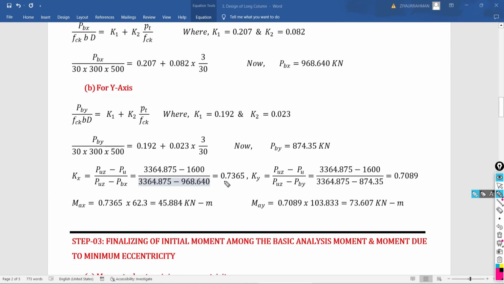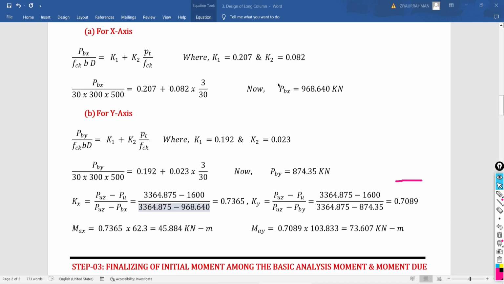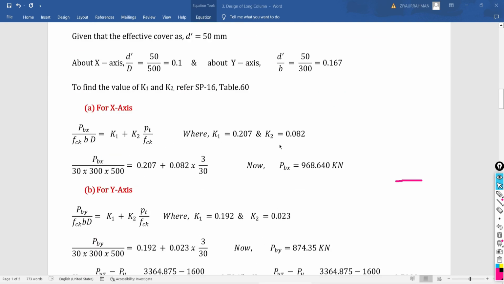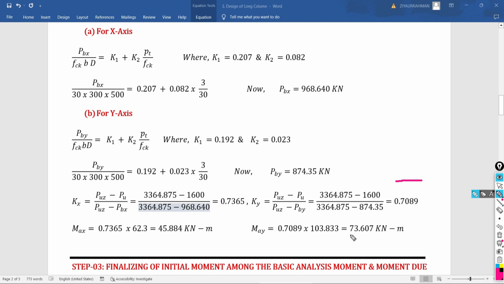So 0.7365 multiplied by the additional moment about x-axis, we are getting the additional moment finally as 45.884 kilonewton meter. Likewise for y direction, you have to multiply this reduction factor with the additional moment about the y-axis, 103.834. After doing the calculation, we are getting 73.607 kilonewton meter as the additional moment about y-axis. These two values are the final additional moments about x and y.